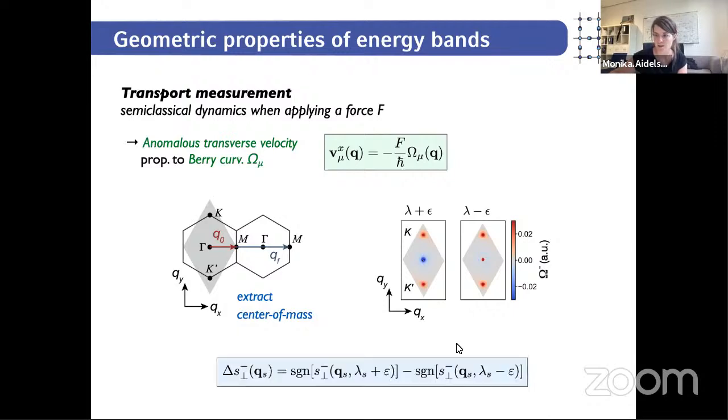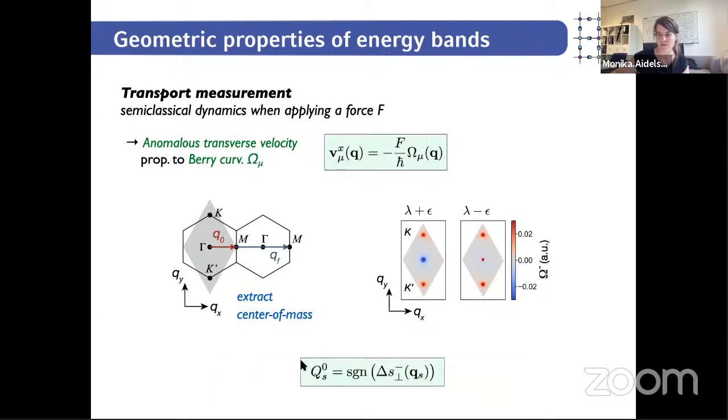This change in sign is here in a more complicated notation, and what I just said in words: it's the sign of the deflection just before and the sign of the deflection just after the phase transition point, which happens at QS. From this difference, we can directly extract the sign of the topological charge.